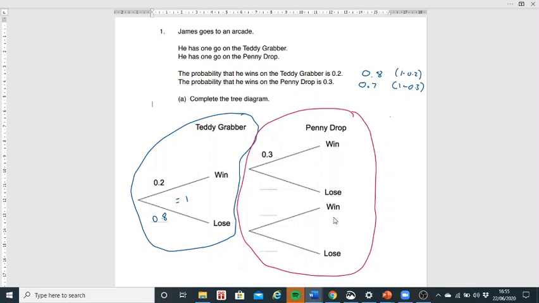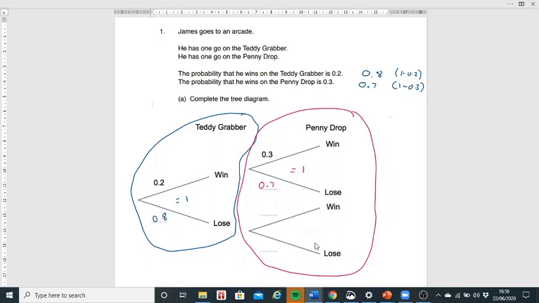Now the same thing applies. This is one set of branches, and this one set of branches must equal 1. So if the probability of him winning is 0.3, losing must be 0.7, because 0.3 plus 0.7 is 1 whole. Let's have a look at this one. Does it matter whether he won or lost the teddy grabber as to whether he'll win or lose at the penny drop?